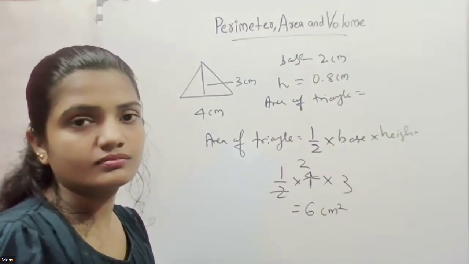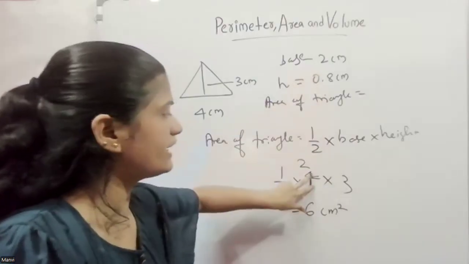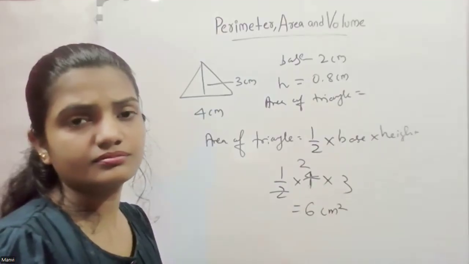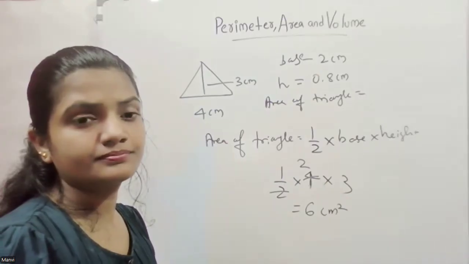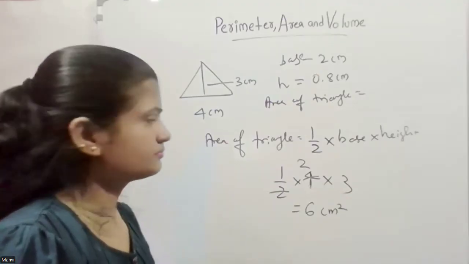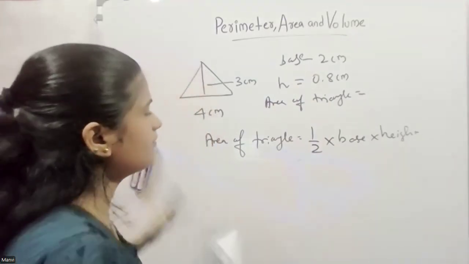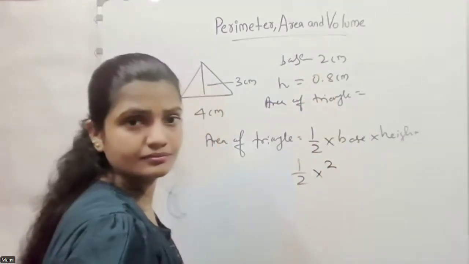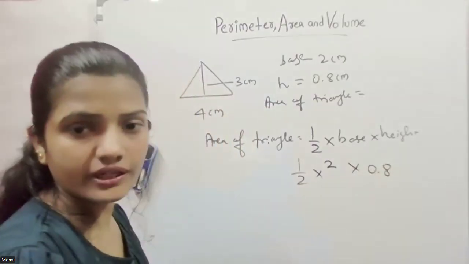How that much, Kavya? You need to just put this base 2 here and height 0.8 there. Half times 2 times 0.8. Here we have base which is 2, right? And height which is 0.8.